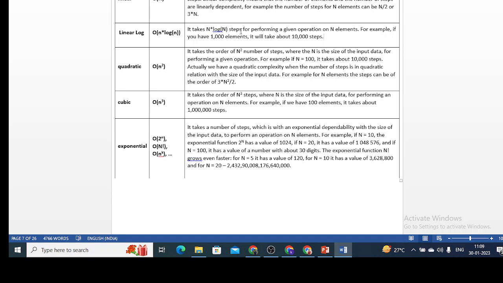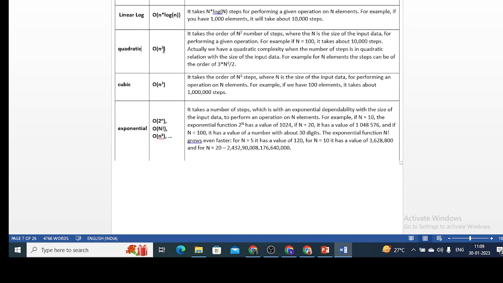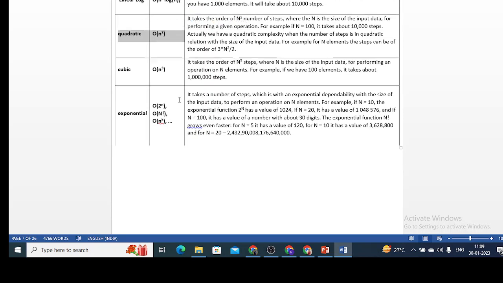When you are performing n operations on a given set, for example, there are 1000 elements, then it is going to take 10,000 steps for execution. Okay, linear log. Then you have quadratic, when you are traversing the elements for n square time. In that case you will say the complexity is order of n square.